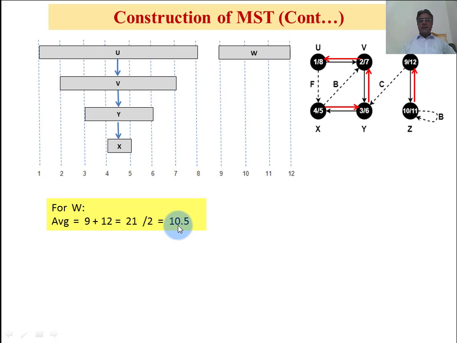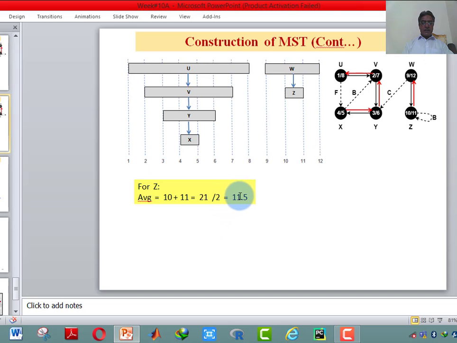After that, W is the parent of Z, so here we have processed Z. Z's starting time is 10 and final time is 11. 10 plus 11 becomes 21. 21 divided by 2 becomes 11.5. Not 11.5 but 10.5.